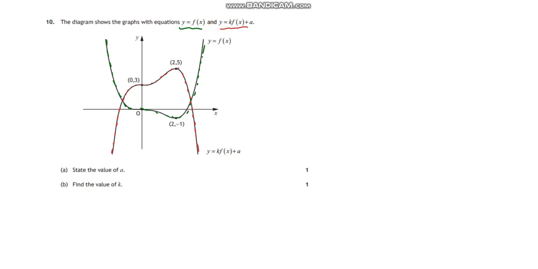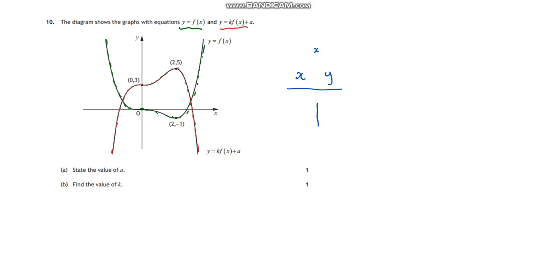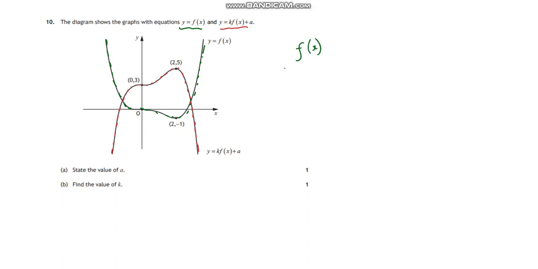So let's make a wee table. First of all, I'll have a look at my f of x over here, and I've got my x's and my y's. I really should put that in green, just to make that really clear. So I've got my f of x and some x and y values. What do I know?